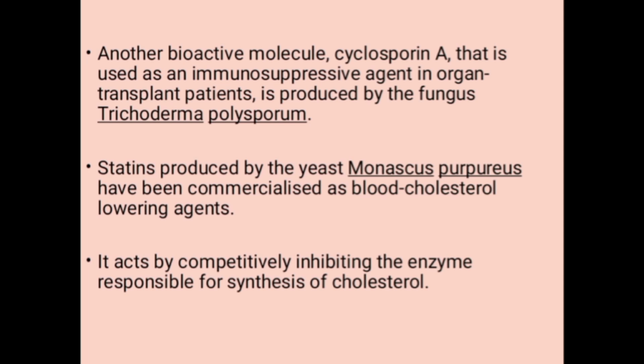During organ transplantation, patients are given immunosuppressive agents because the patient's immune system identifies the organ as foreign material and destroys it. So to avoid this, immunosuppressive agents are given to the patient.